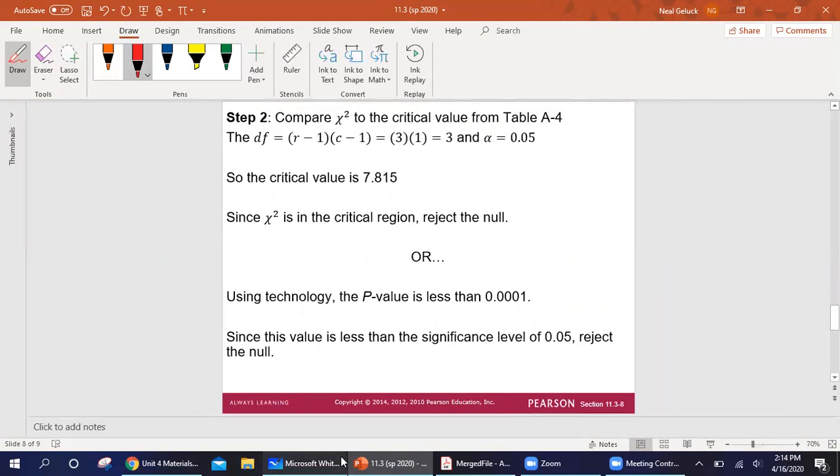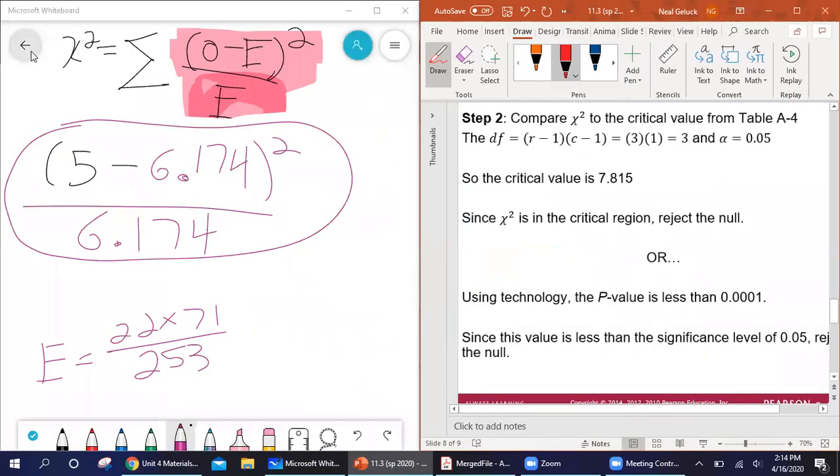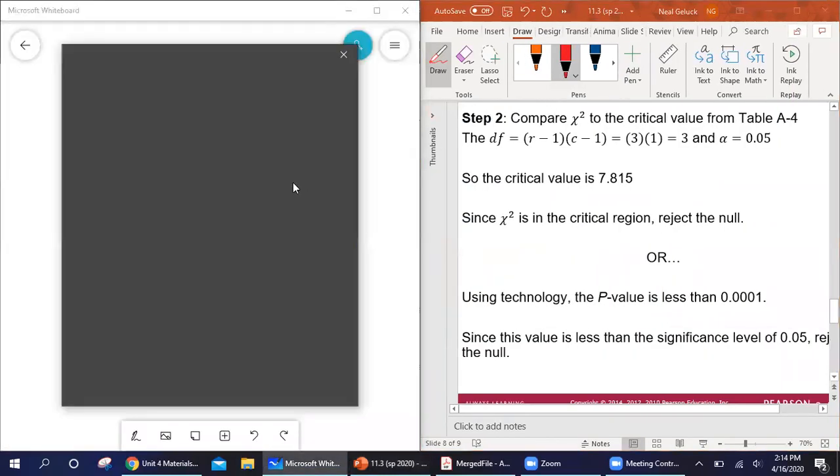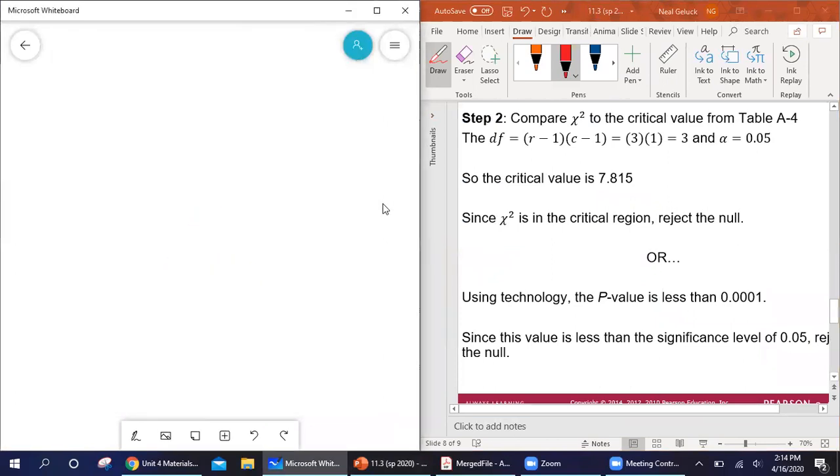Now, I get the critical value as well. As I talked about, the degrees of freedom were rows minus 1, columns minus 1, which was 3. My alpha was 0.05.